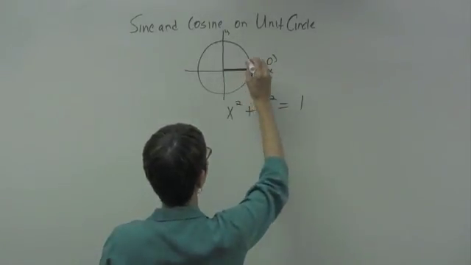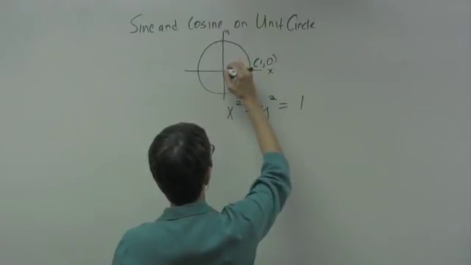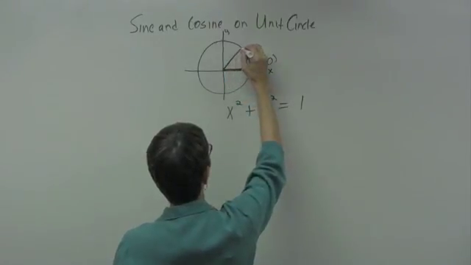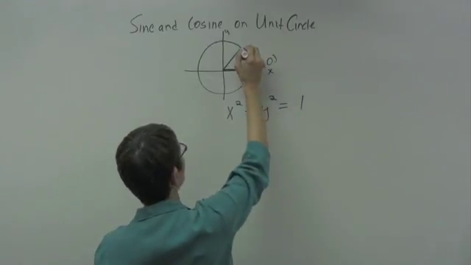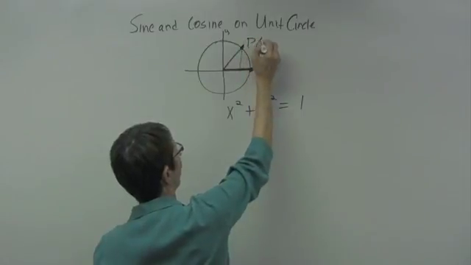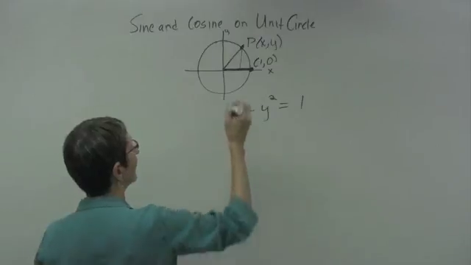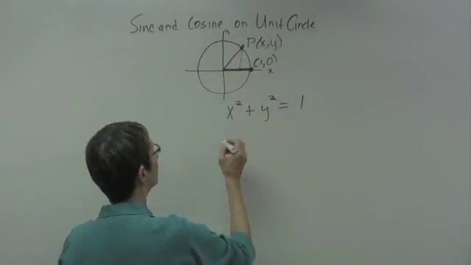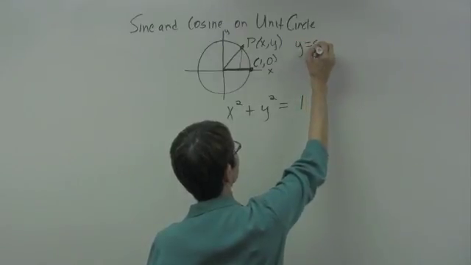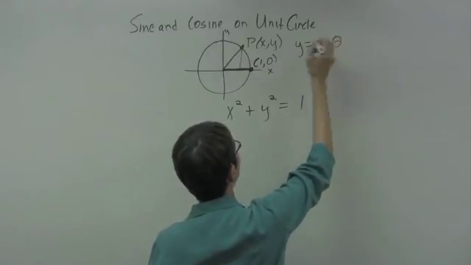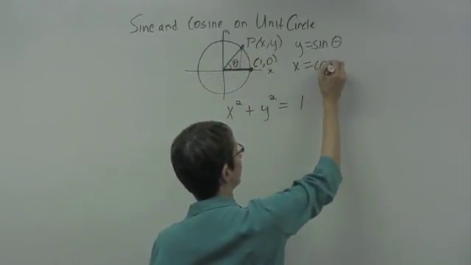If I take the y value, this height, at the point x, y on the unit circle, the y value I can call sine theta, if this is angle theta, and x is cosine theta.